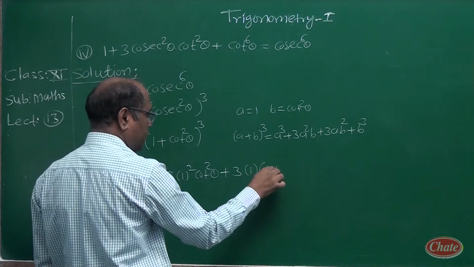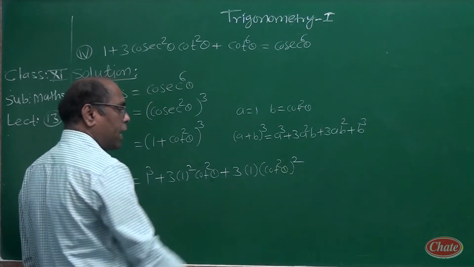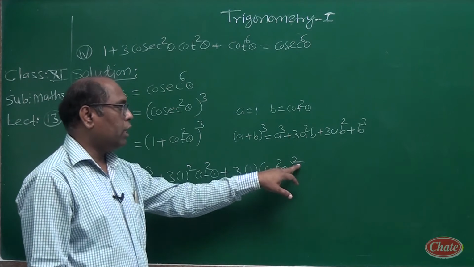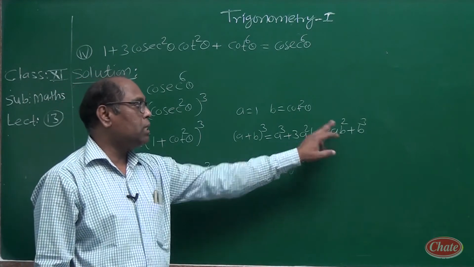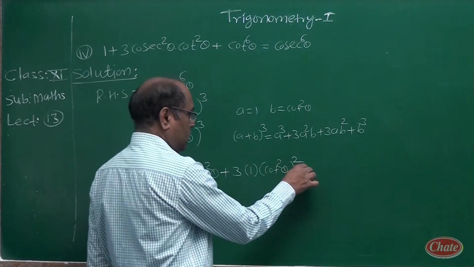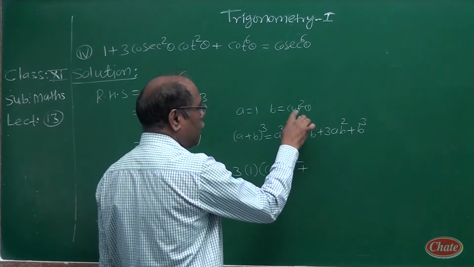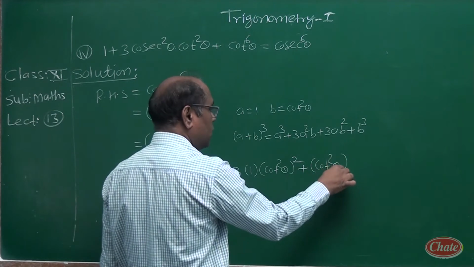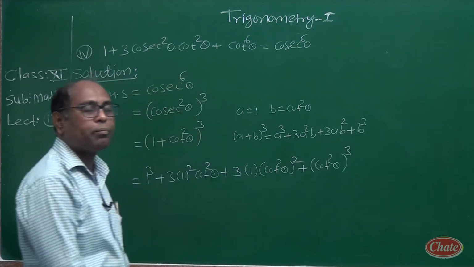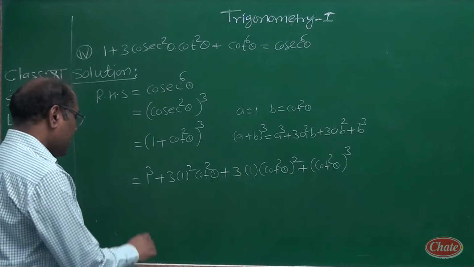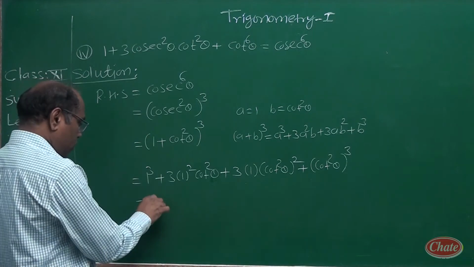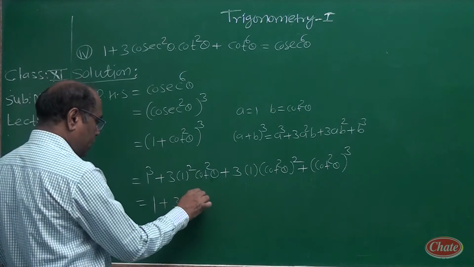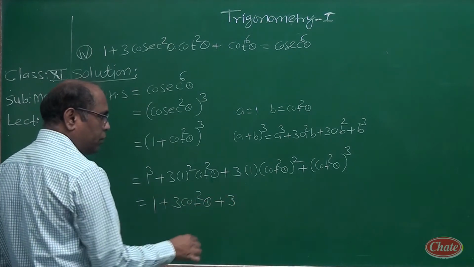Cot square theta, bracket square, plus b cube, cot square theta bracket raised to 3. And now that is equal to 1 cube is 1, plus 3 cot square theta, plus 3.